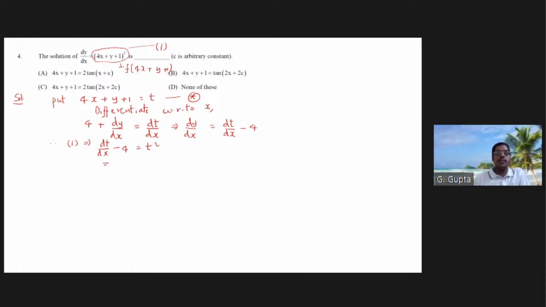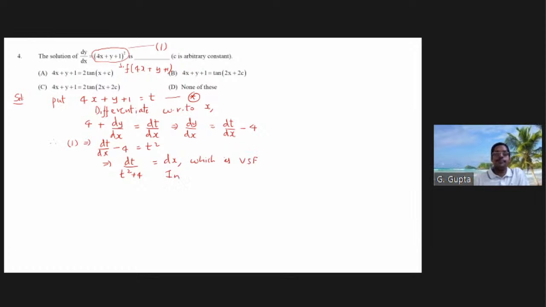So easily separable: after shifting minus 4 to the right side and bringing the t square plus 4 to the left side, it can be written as dt by (t square plus 4) is equal to dx, which is variable separable form.